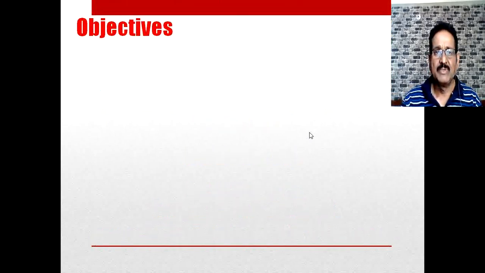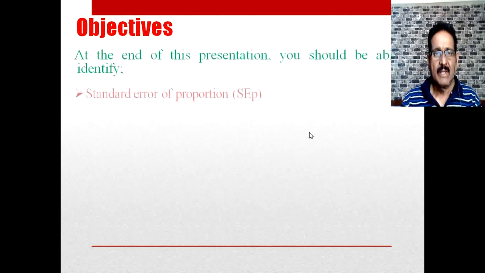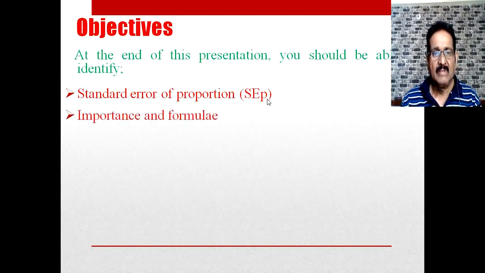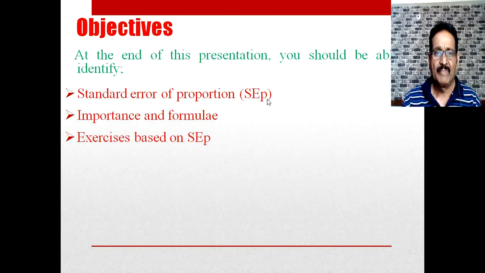The objectives: we will learn about standard error of proportion, in short written as SE of small p. We will find out about certain importance and various formulae. We will solve exercises based on the standard error of proportion.